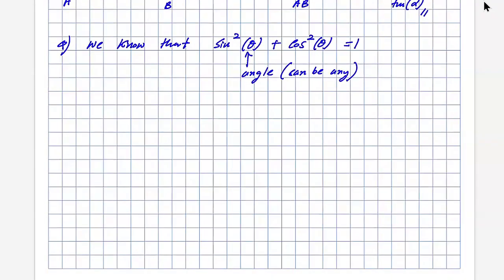Now, if sine theta is equal to square root of 2 minus square root 3, find cos theta using the above identity.